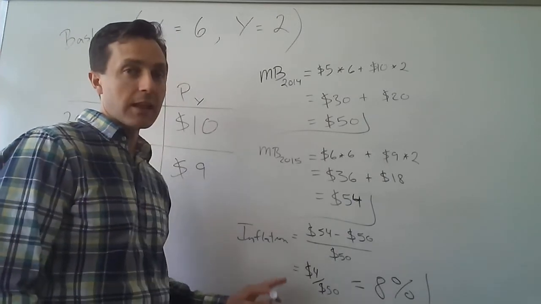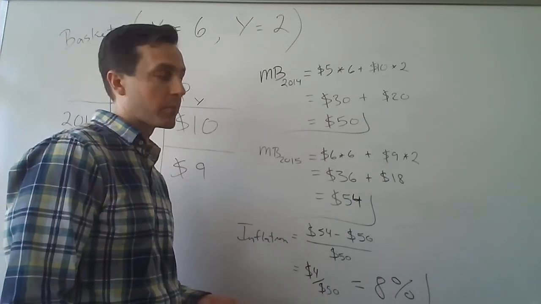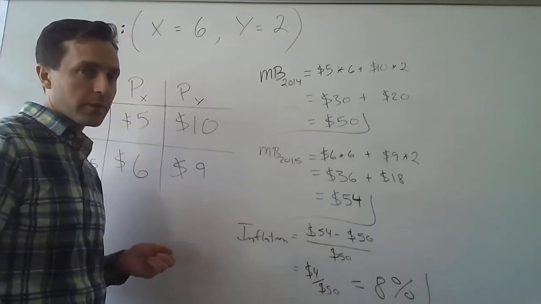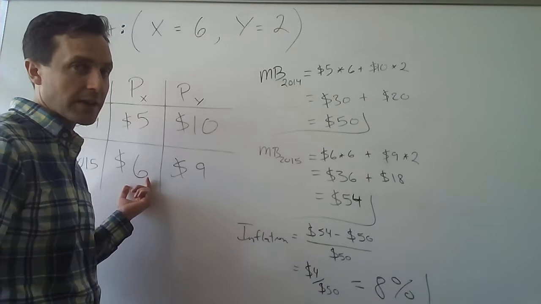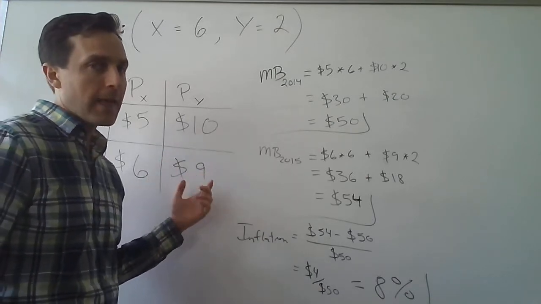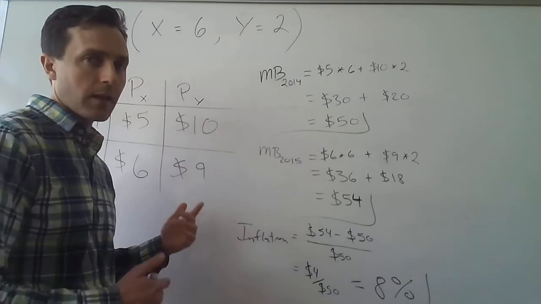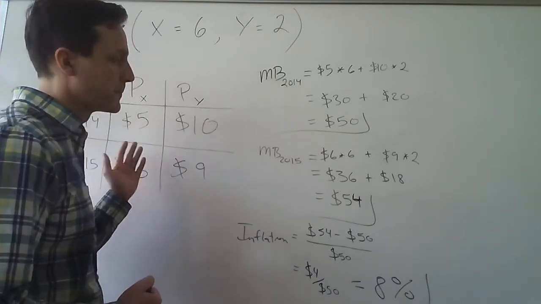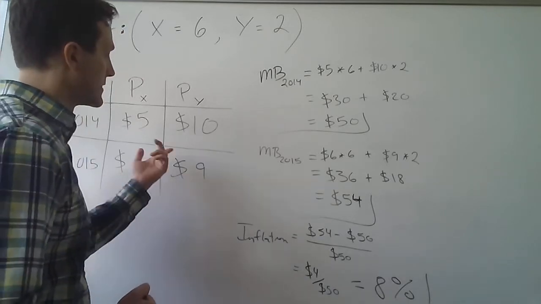So an interesting thing to note about this problem here is that one of the goods, the price got more expensive, right? The price went up for good X, whereas the price went down for good Y, so they went in opposite directions, but they went in opposite directions by the same amount, right? $1 in each direction.